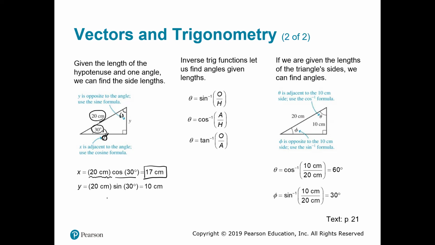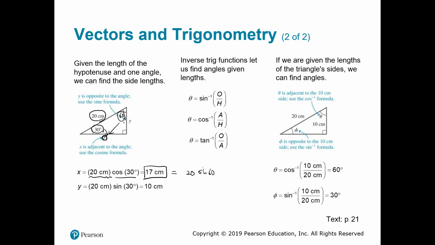But again, you can find this one using a different way. How? This is also 20, the hypotenuse, times what? Sine of this angle, which is 60. Why? Because this is opposite to it. Then you'll see the same answer.